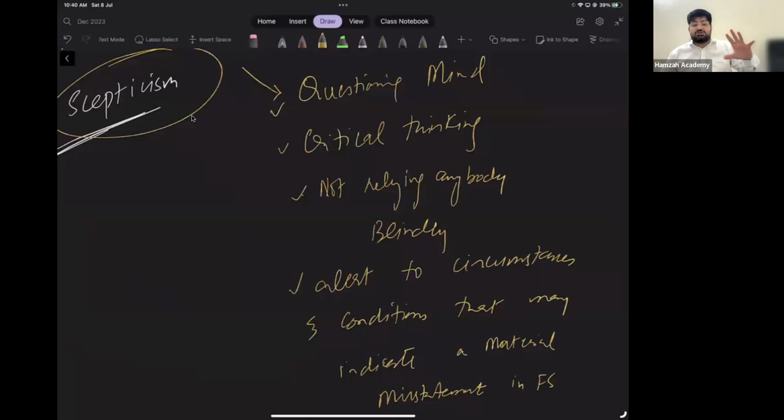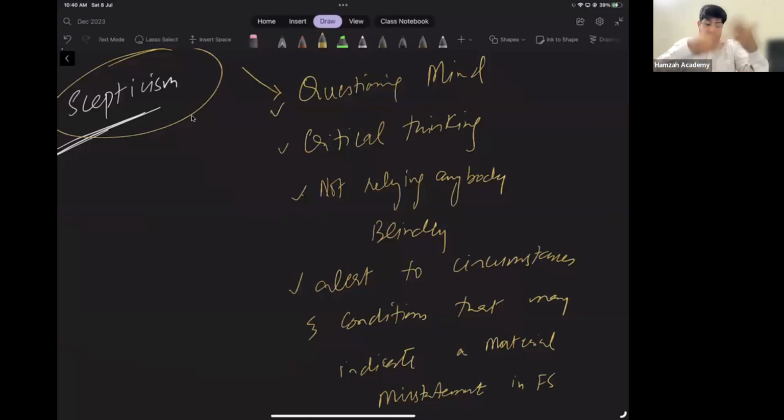Skepticism is not considering everyone a fraudster and not relying on anybody as well. But where suspicious circumstances arise, where management is telling us anything, we do not take that at face value. Question that, cross-question. Ask them; if they justify, well and good.